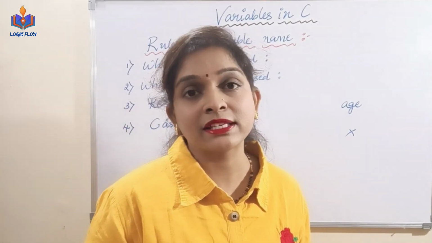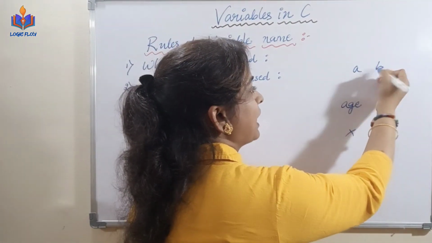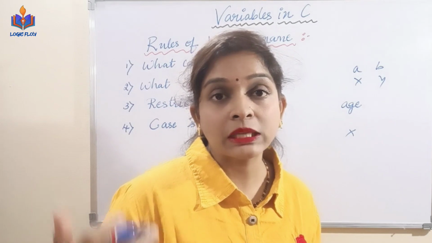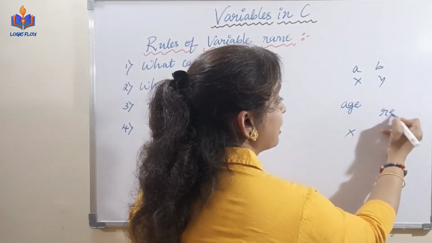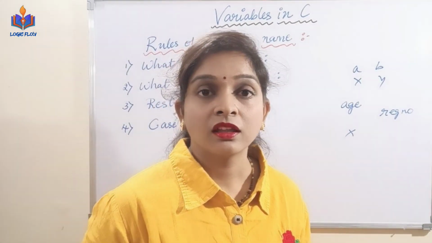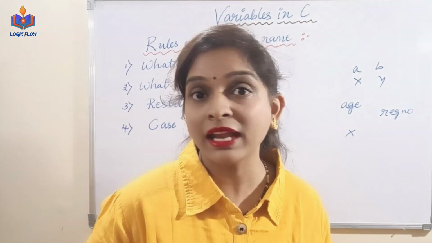If I want to accept 2 values, I can simply say accept the value in a, b, x or y, something like that. If you want to accept the register number of the student, I can have the variable name as register number itself. So I can declare my variable so that it suits my data.